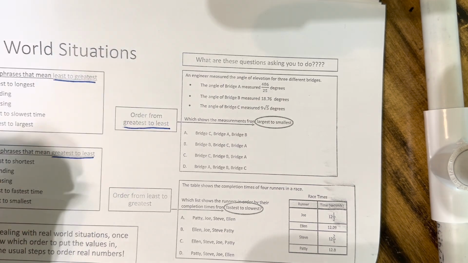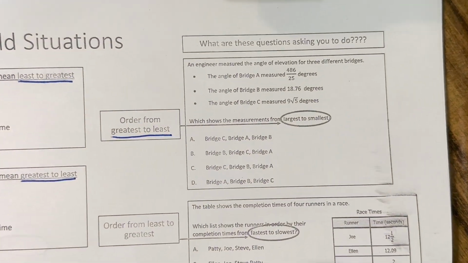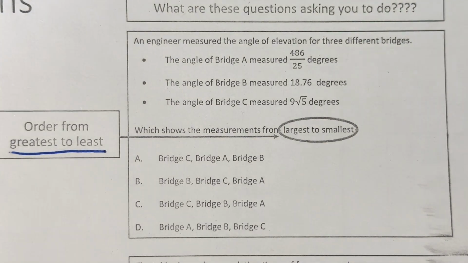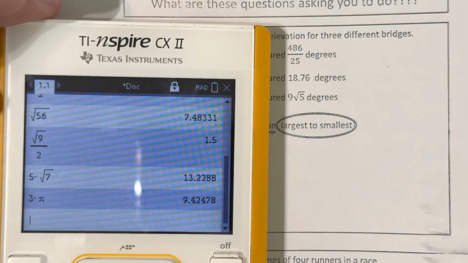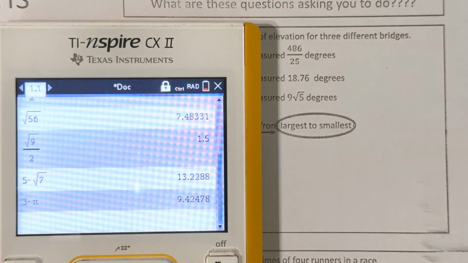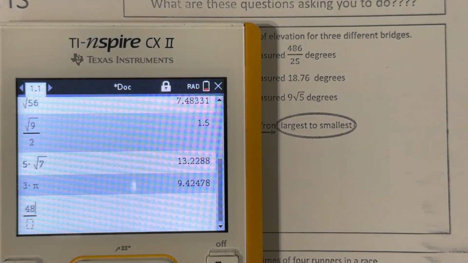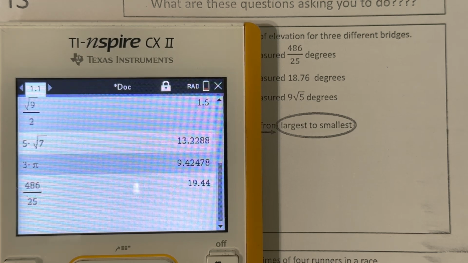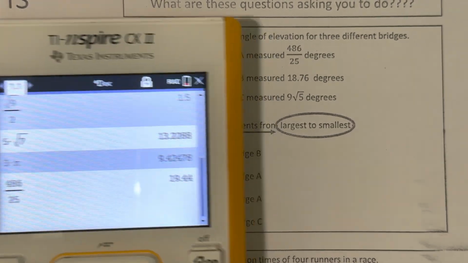So let's do that. So this first one, 486 over 25. I'm going to go into my calculator. I'm going to type in my fraction, 486 over 25. Control Enter to convert it to decimal, and I get 19.44.